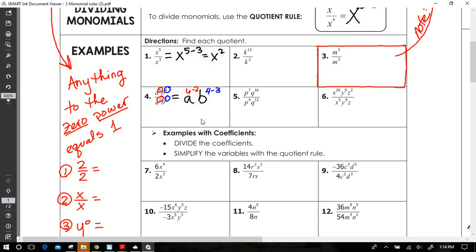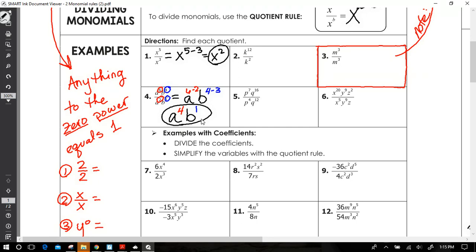And my final answer is going to be a^4 b, where 6 minus 2 gave me 4, and 4 minus 3 gives me 1. And I don't actually have to put that 1 there if I don't want to, but I just want you to see that the exponent doesn't disappear on us. Okay? All right. So we've done 1 and 4 together.